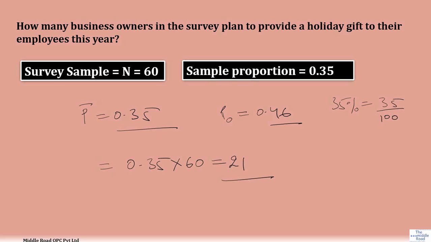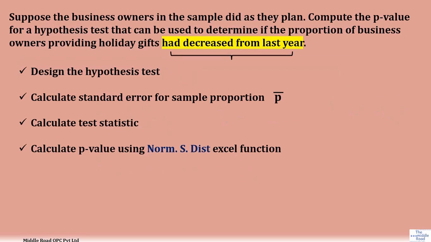Business owners this year who want to provide a holiday gift to their employees. We are looking at how many. This is where you will be doing the hypothesis testing. You want to compute the p-value of a hypothesis test that can be used to determine whether the population proportion of business owners providing holiday gifts has decreased from last year.